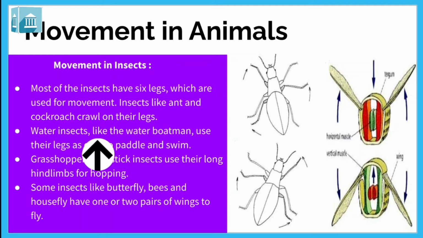Water insects like the water boatmen use their legs as oars to paddle and swim. Grasshoppers and stick insects use their long hind limbs for hopping. Some insects like butterfly, bees, and housefly have 1 or 2 pairs of wings to fly.